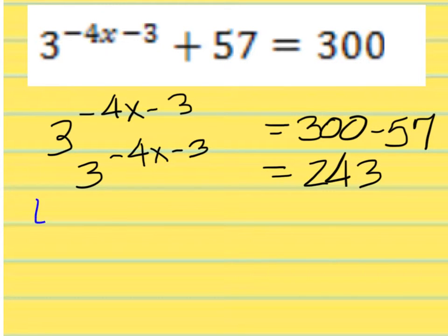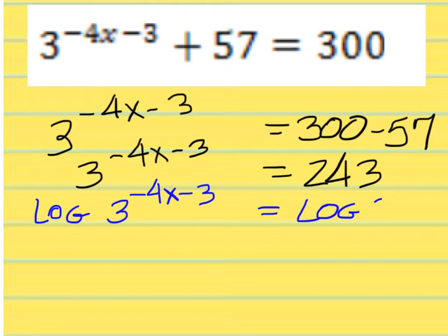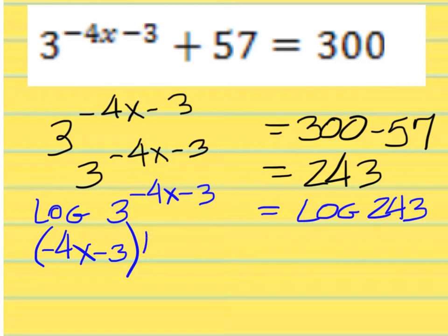So if you did a log of both sides, it would look like this. And then you would have to distribute, or not distribute, but first move this to the left-hand side of the log and get the quantity of negative 4x minus 3 times log 3. And then, of course, this will stay the same.